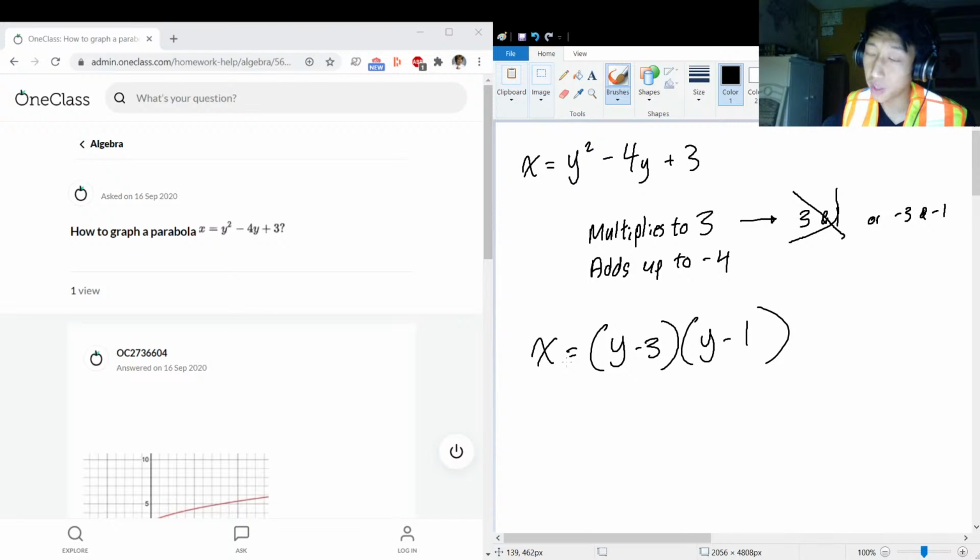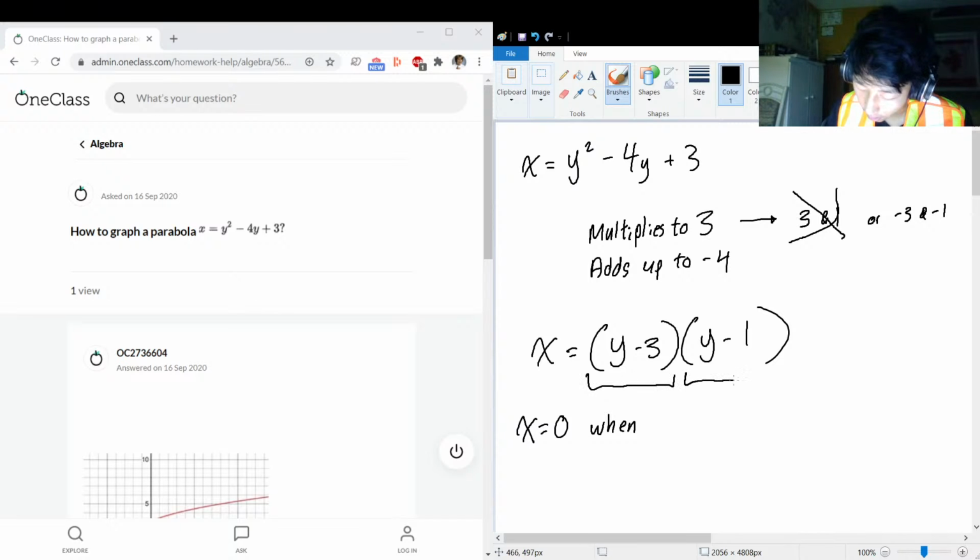So we want to see, when does x equal 0? x equals 0 when either one of these terms is equal to 0. When either one of those is equal to 0, x will be equal to 0, because it will zero out the entire right side of the equation. So x equals 0 when y equals 3, and when y equals 1.